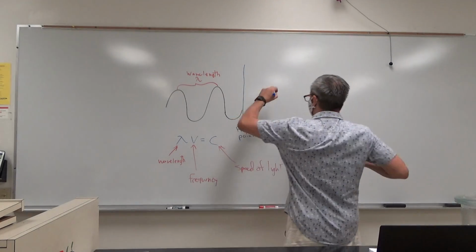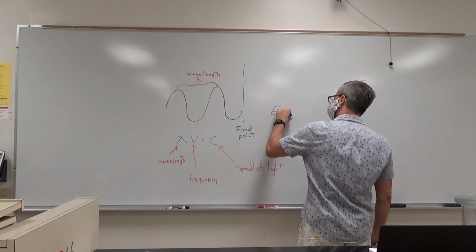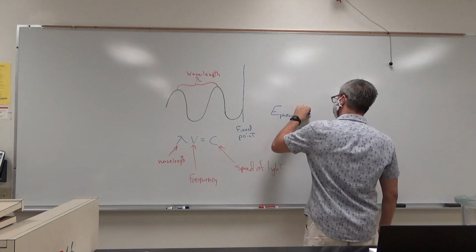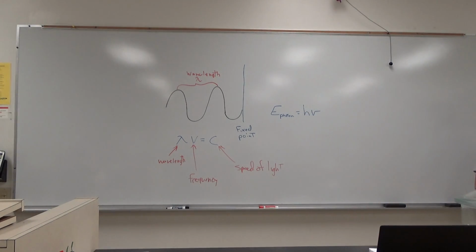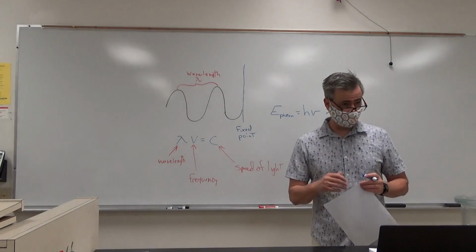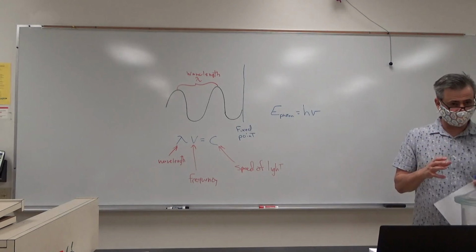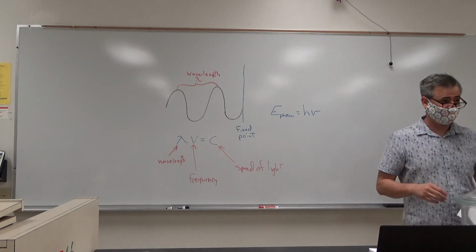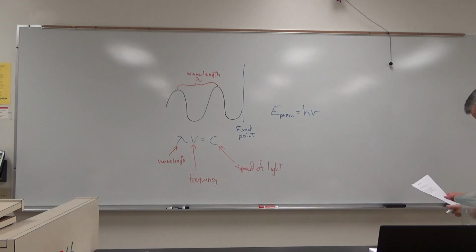The energy of one photon is Planck's constant times the frequency. We're not going to do a bunch of calculations with these things, but just try to refresh your memory on the general idea of electromagnetic radiation.